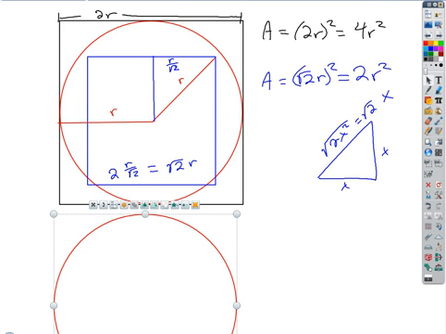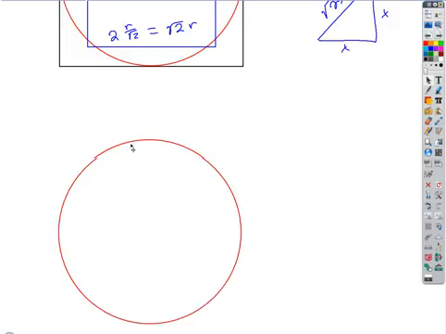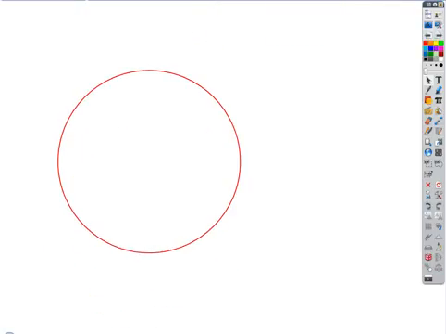There, that's what I want. Okay, so let's try this again. Much better.